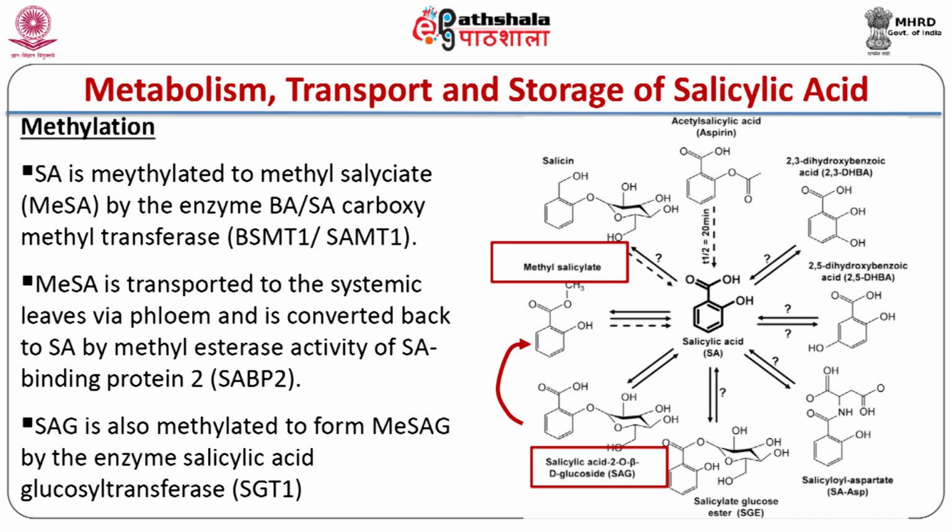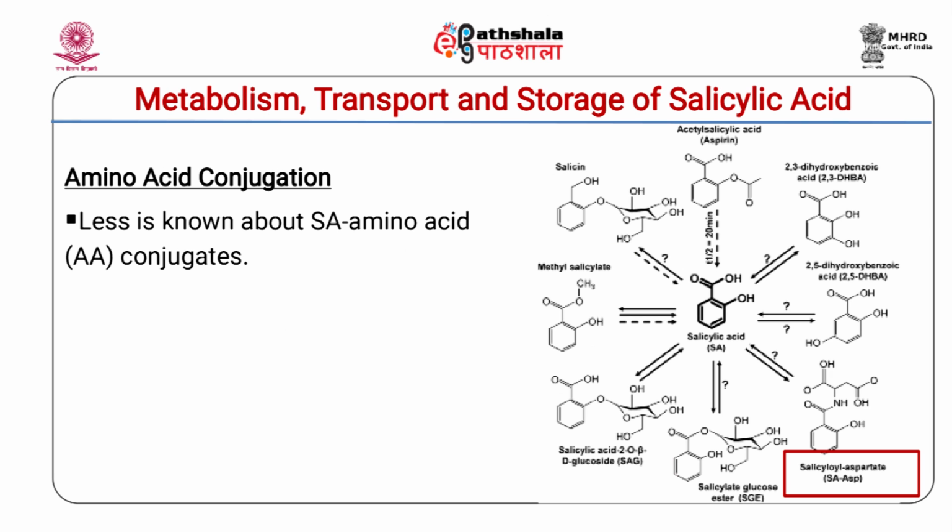The function of MESAG is not yet known. However, it is thought to be a non-volatile storage form of methyl salicylate. Unlike jasmonic acid, very little is known about salicylic acid amino acid conjugates.